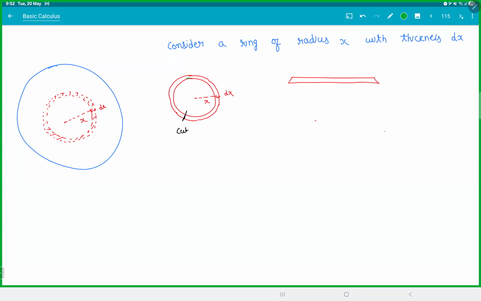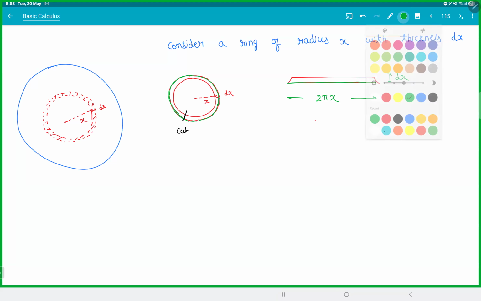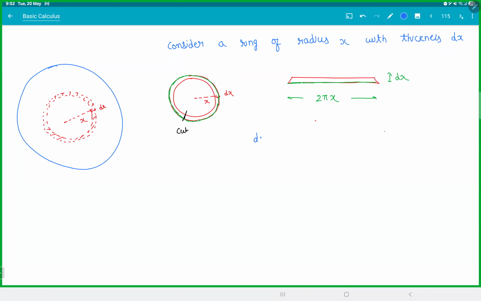If you take this outer circumference, what will be the circumference of this thin ring? 2 pi x. So this length will be 2 pi x, and this thickness will be dx. So you have created a small rectangle. dA is the area of this thin rectangle or area of the thin strip.